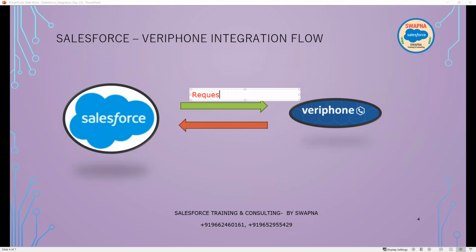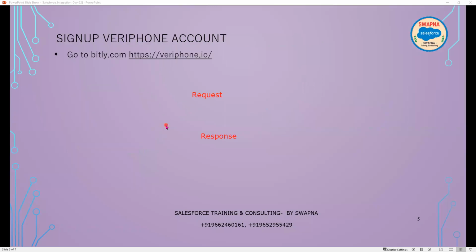I'm going to send the request to veriPhone, and based on the data, we are receiving the response back to Salesforce. From the client, I'm sending a request to the server. The server is going to validate the details and send the response back to us.